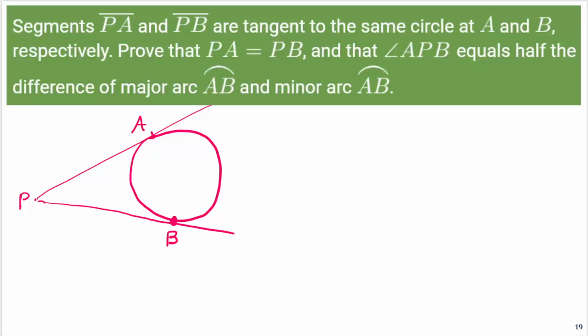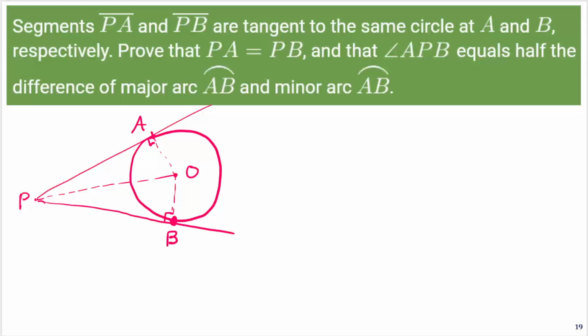Any ideas? Suppose this is the center point of that circle. Okay, I'll lead you through this example, okay? We can start by drawing the radii to the points of tangency, thus forming two right angles. So if you connect A and O and B and O, then these two angles must be 90 degrees, right? We also draw PO to complete a pair of right triangles.